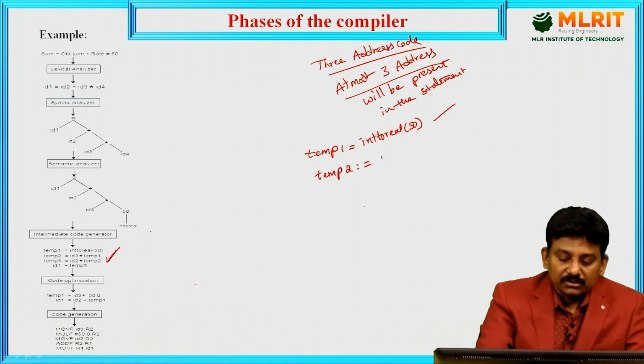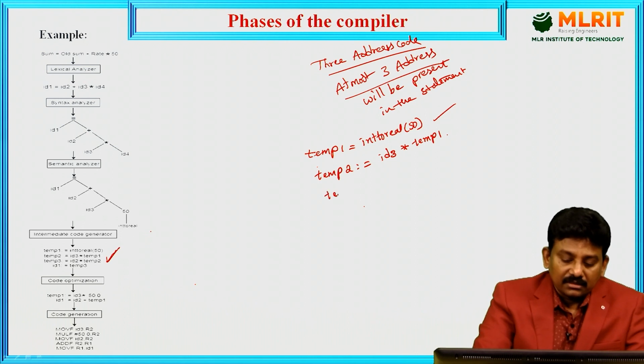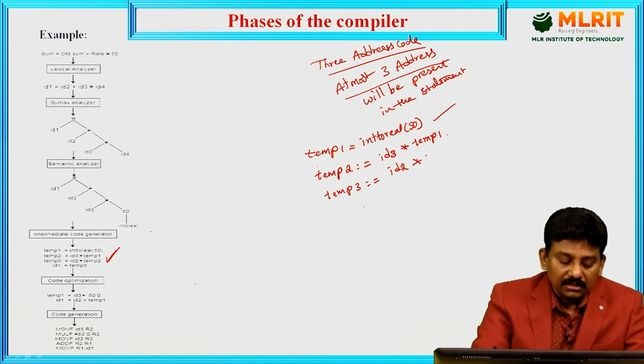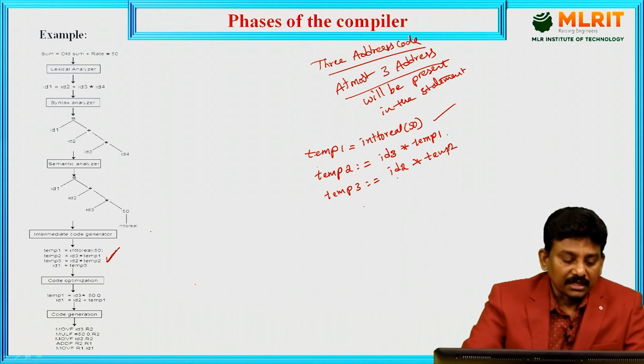Next, temp 2 is equal to identifier 3 into temp 1. Next, temp 3 is equal to identifier 2 plus temp 2. Identifier 2 is old sum, temp 2 is identifier 3 into 50.